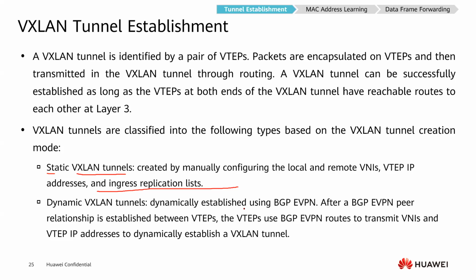So it means we can use BGP EVPN to exchange some information, and this information can be used to establish the VXLAN tunnels. So you can just imagine, maybe this information can include the VNI, the VTEP address, and other things. All right, that is BGP EVPN.